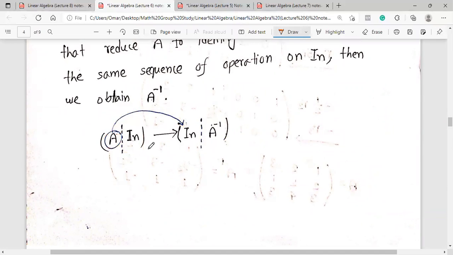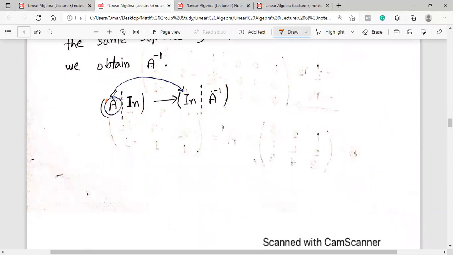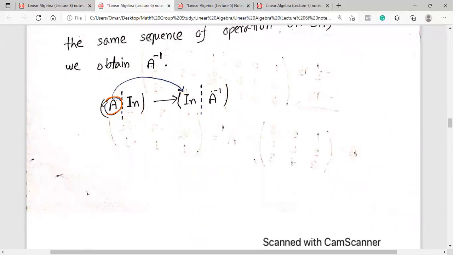So our first target is to write down, here this matrix is given in the question, and we have to write down the corresponding identity matrix on the right side. So if A is a 3 by 3 matrix, then we have to write down a 3 by 3 identity matrix on the right side.